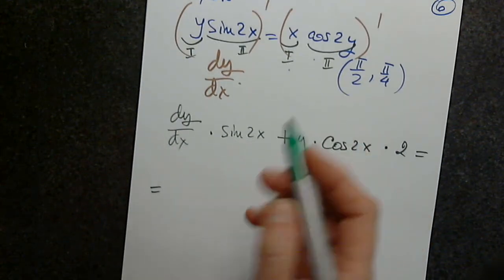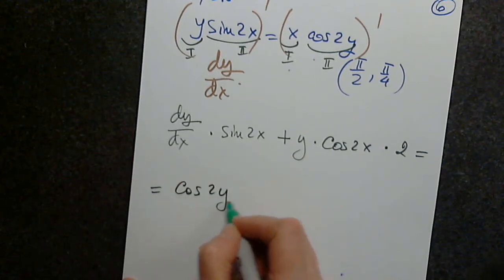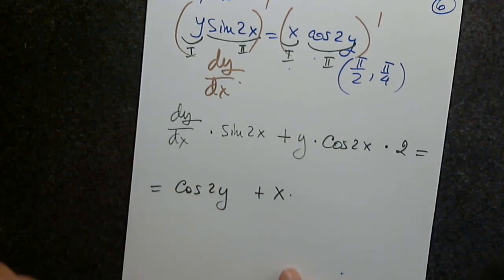On the right-hand side, x prime is 1, so I have cosine 2y, plus x times, and now I have to differentiate the outermost, which is cosine, and then the innermost, which is 2y, and then the innermost, which is y. Actually, good pick, Sean. Very good.